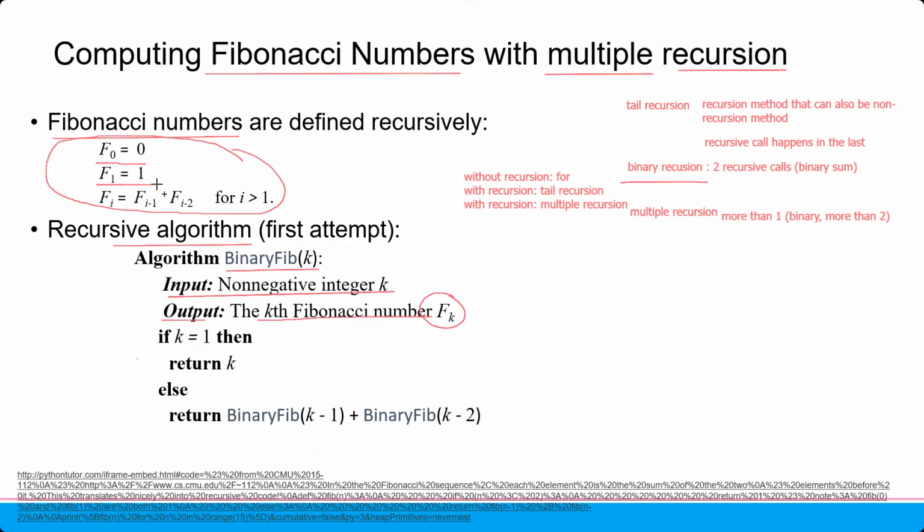F1 starts from 1. Fi equals Fi minus 1 plus Fi minus 2, for i greater than 1. So if k equals 1, then return k, so return 1. If not, then you will do binary Fibonacci k minus 1 plus binary Fibonacci k minus 2.